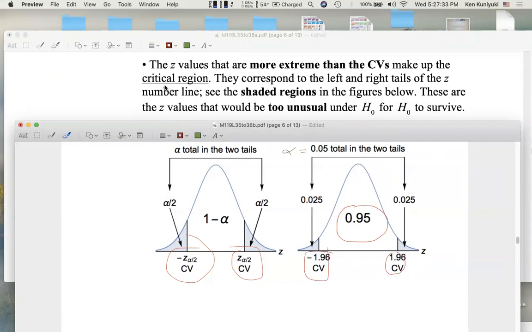What's new is the notion of a critical region. In this case, the z-values that are more extreme than these critical values in a tail sense, so the right tail over here and the left tail over here, they make up the critical region.